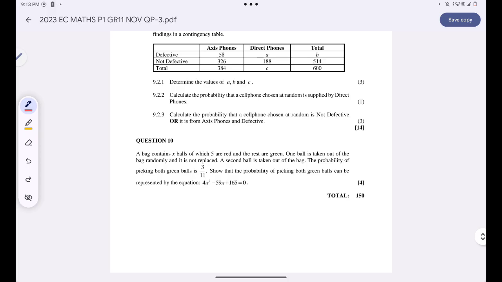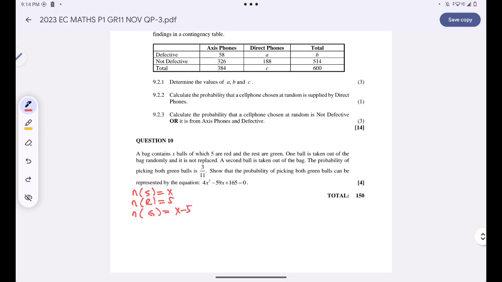A bag contains X balls, of which 5 are red and the rest are green. So this simply means that the sample space has X number of balls, and the number of red balls is 5, and the number of green balls will be X minus 5.